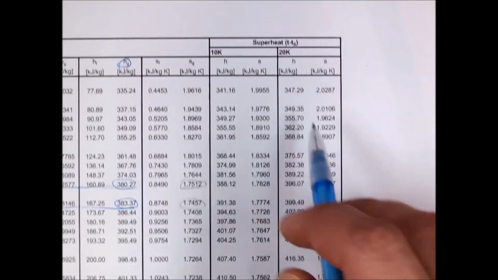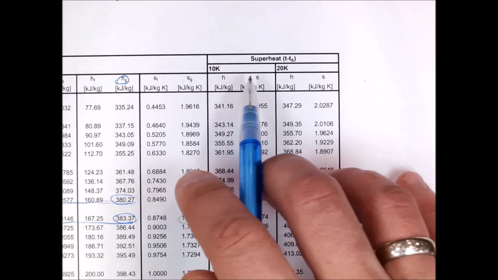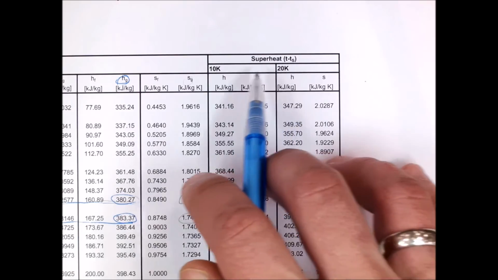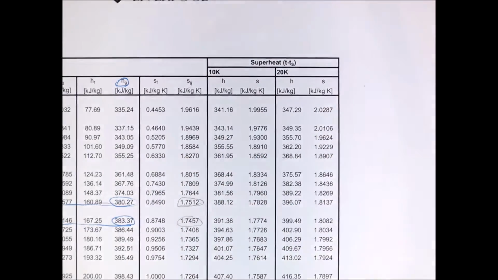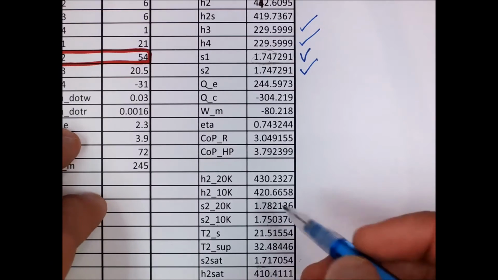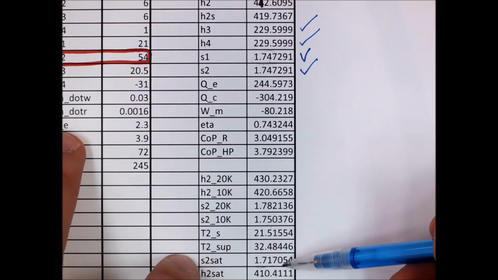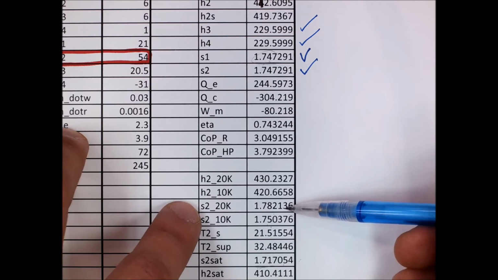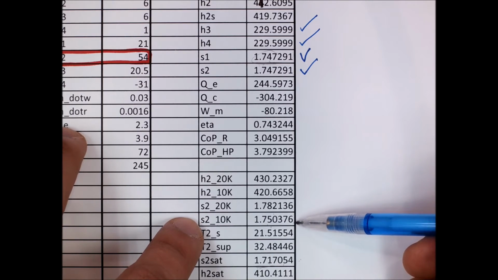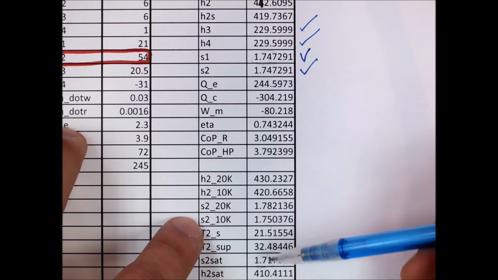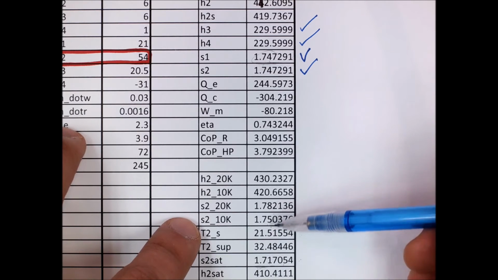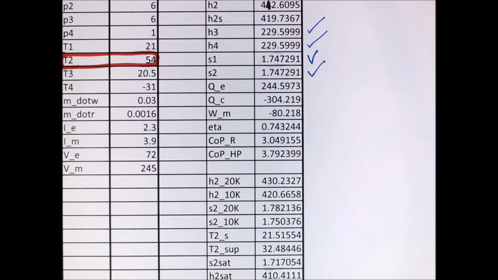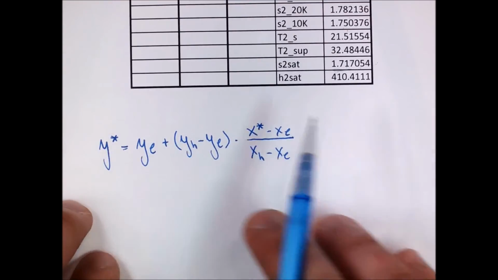This part of the table gives you the properties of the gas when it is superheated by 10 and 20 Kelvin respectively. Sure enough, you obtain three properties: S saturated, which we already concluded is too low, S at 10 Kelvin, and S at 20 Kelvin. If we look at S at 10 Kelvin, we'll see that this is too high. And this is good for us because that provides us with bounds for our old friend the interpolation.